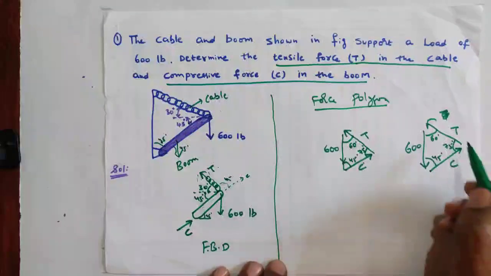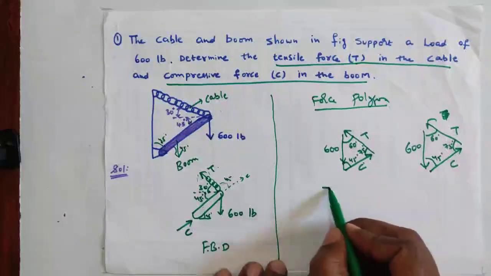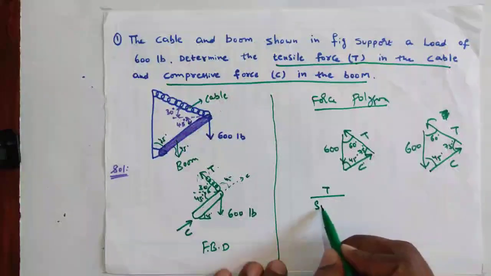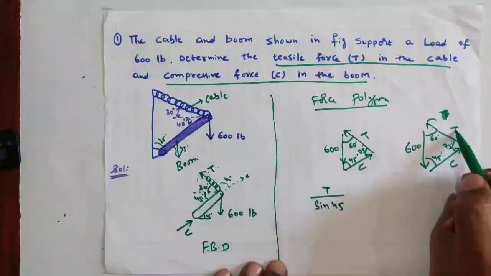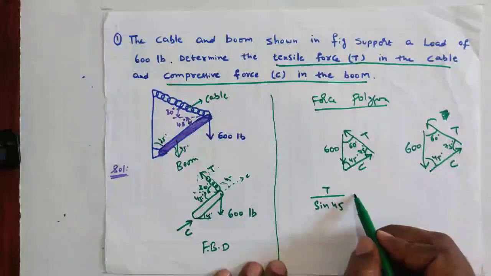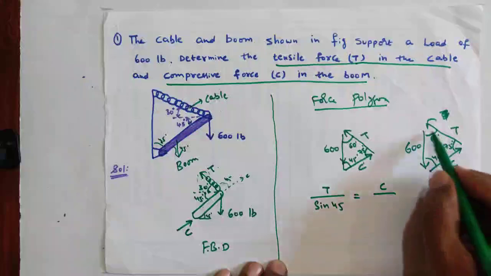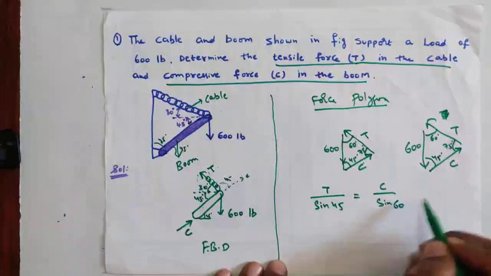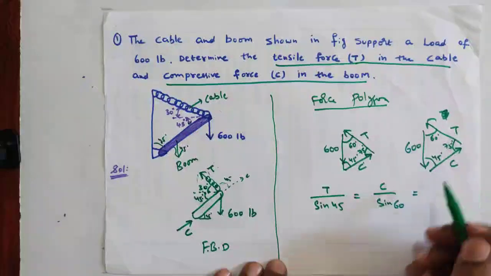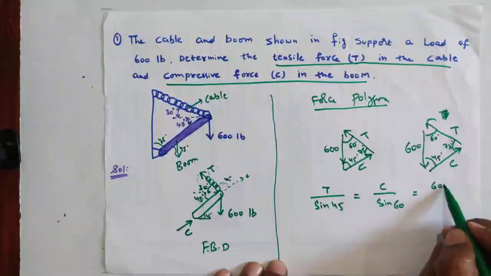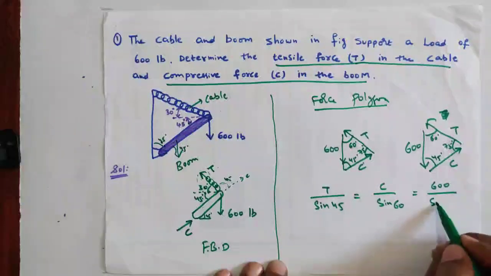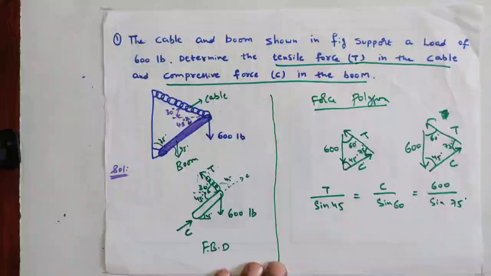We can write this as T by sine 45, T by the opposite angle sine 45, is equal to C by the opposite angle sine 60, is equal to 600 pounds by the opposite angle sine 75 degrees.